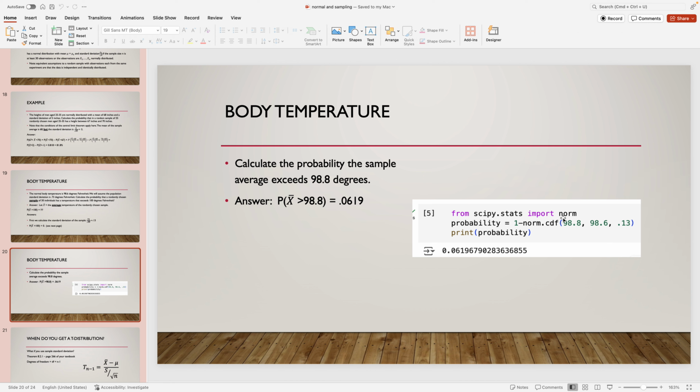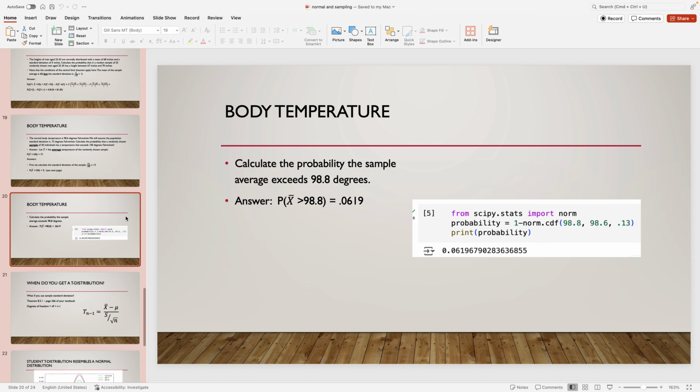The first argument is the observed value, 98.8. Then we fed in the mean of 98.6 and the standard deviation of 0.13. That gives us 6.19%. So we could use Python to calculate probabilities, and here's an example of using the central limit theorem in Python to calculate a probability other than 0.